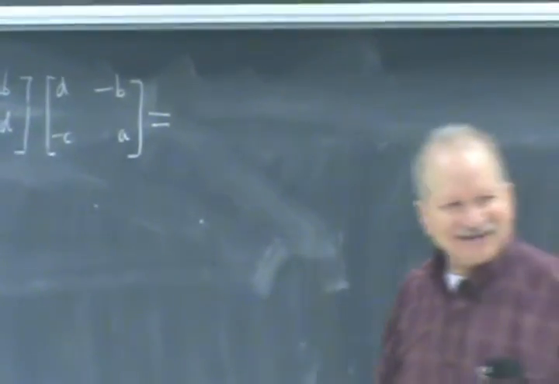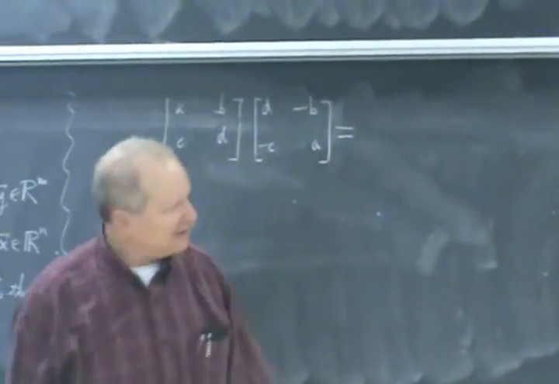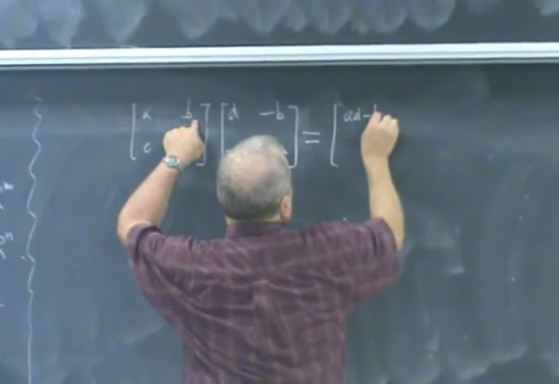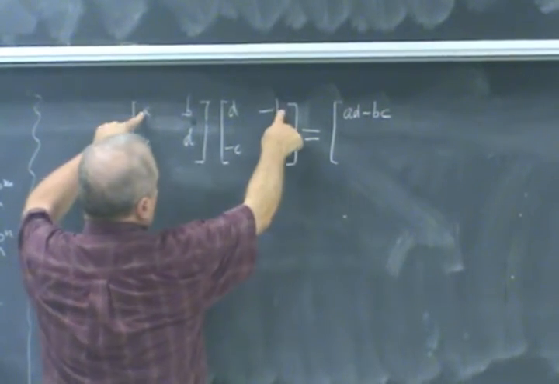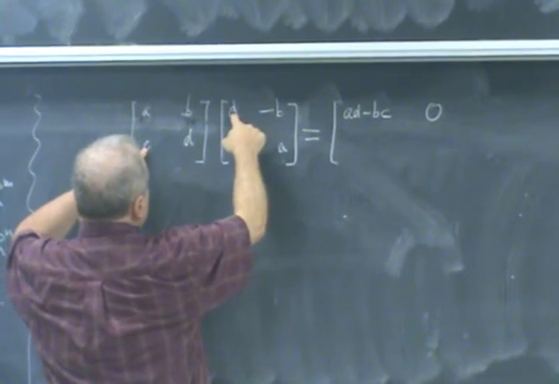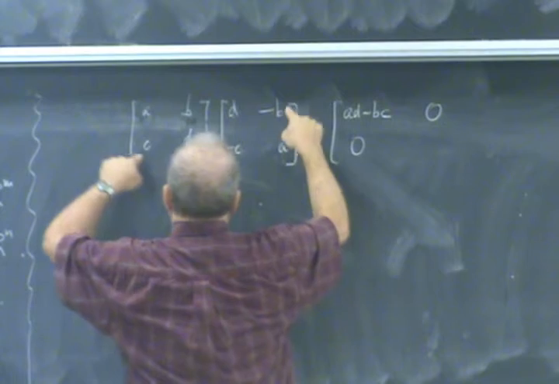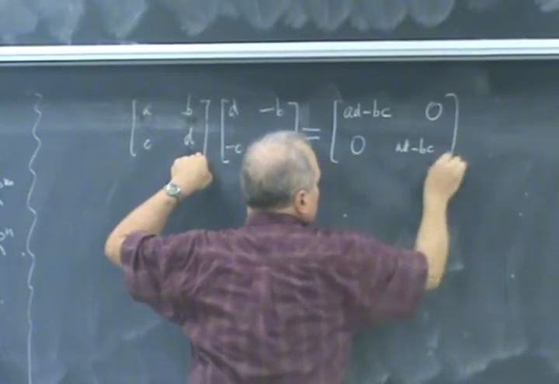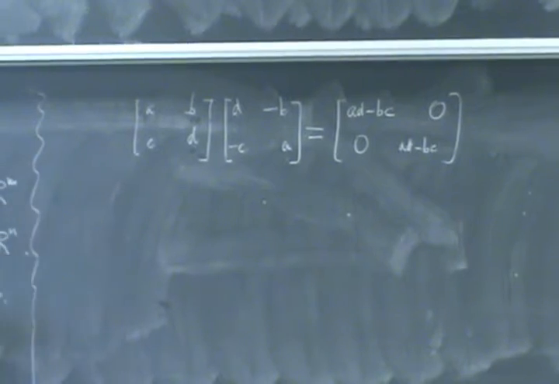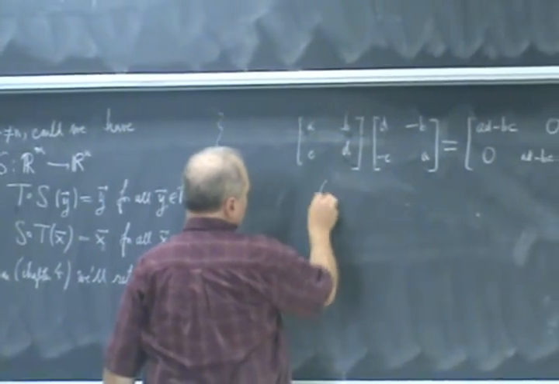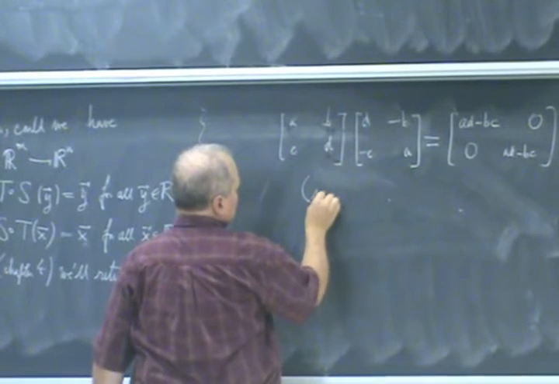You get AD minus BC, minus AB plus BA, CD minus CD, and minus BC plus AD. So what can we conclude? And I'll tell you that it works the other way too. If you turn them around, it's the same in the other order.